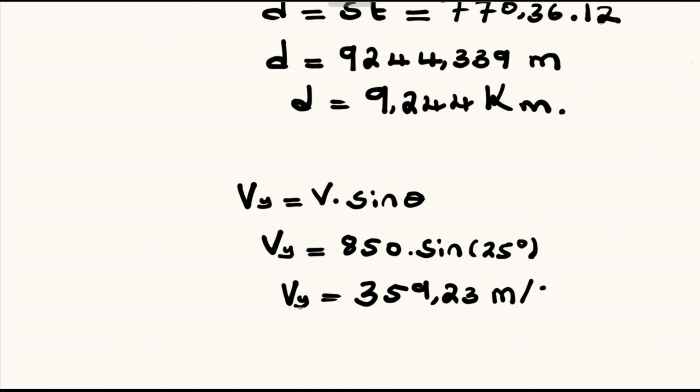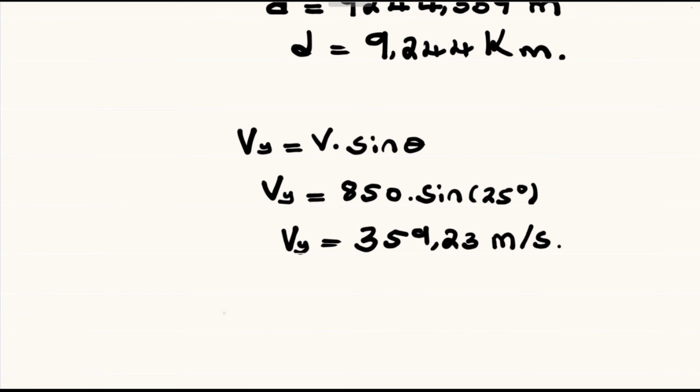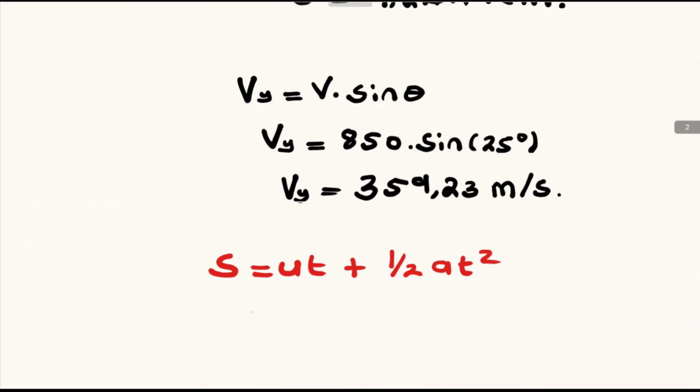So we use the equation of motion. The equation of motion that we are going to use is S is equal to u multiplied by t, u for initial velocity, plus half multiplied by a multiplied by t squared. So the u is the initial velocity, which is equal to 359,23.